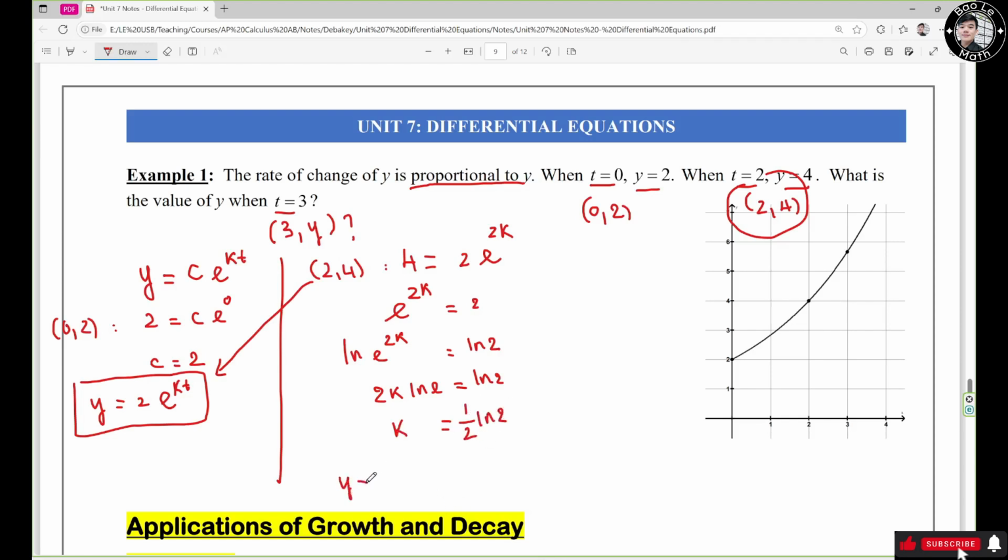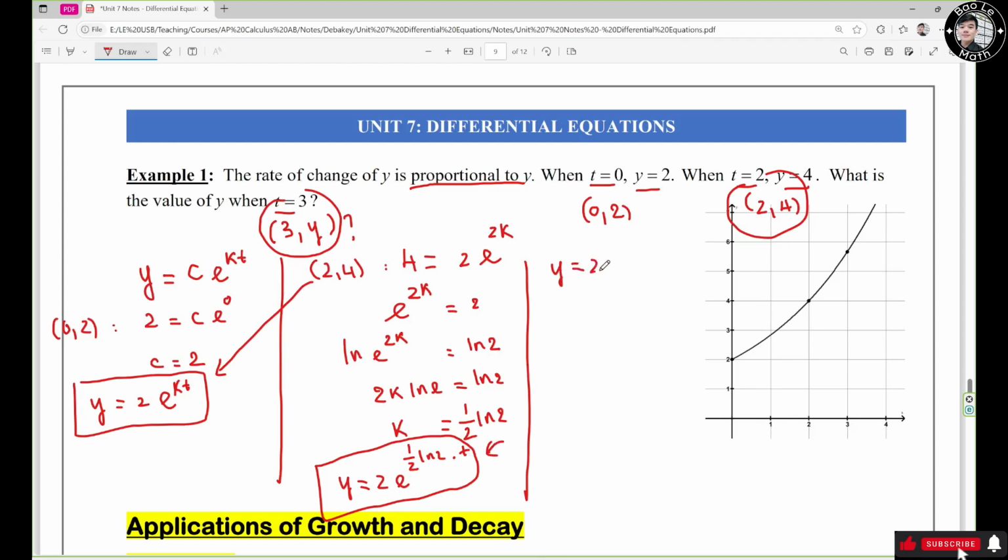Then the equation becomes y equals 2 times e raised to the one half natural log of 2 times t. Finally, we use this to solve for y. Given t equals 3, substitute: y equals 2 times e raised to the one half natural log of 2 times 3, so y equals 2 times e raised to the 3/2 natural log of 2.